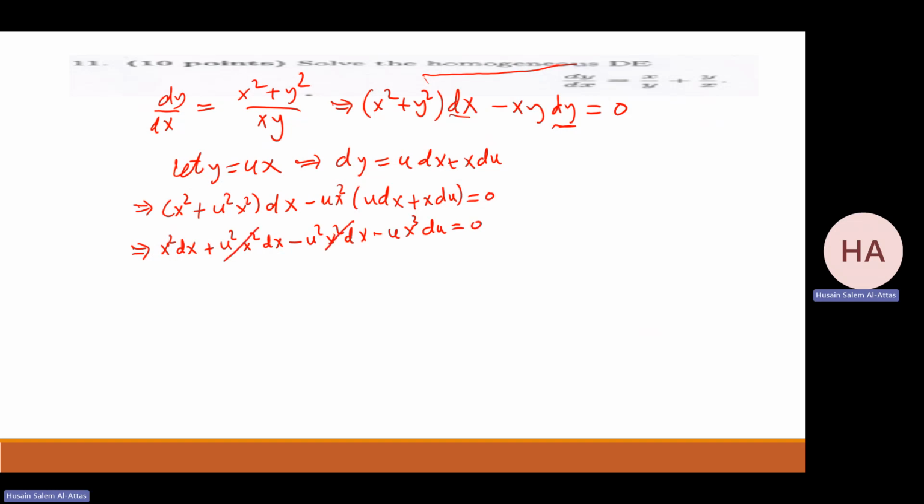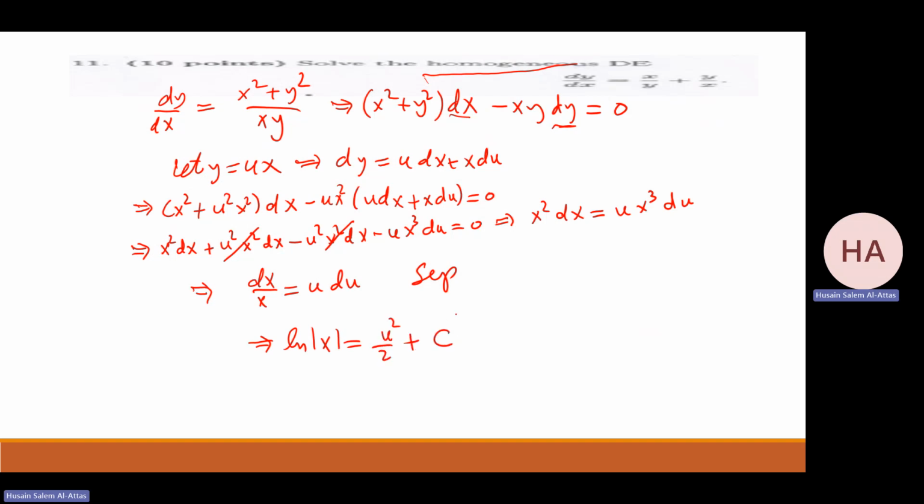These things cancelled. I have x squared dx equals u x cubed du. Now divide by x cubed, that gives me dx over x equals u du. Now it's separable. This is simple. So I have ln absolute value of x is u squared over 2 plus c. And that will be my answer.